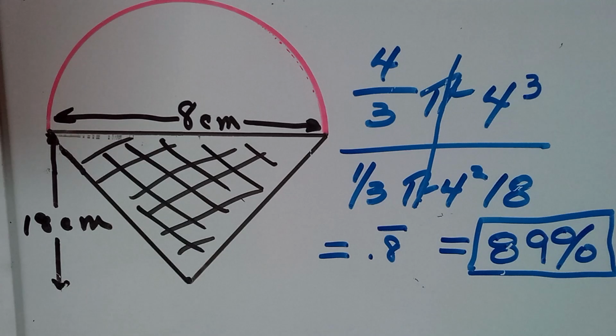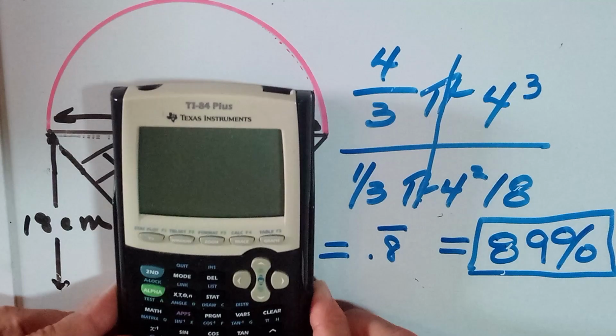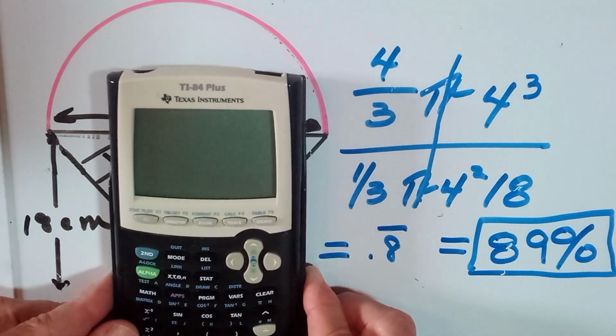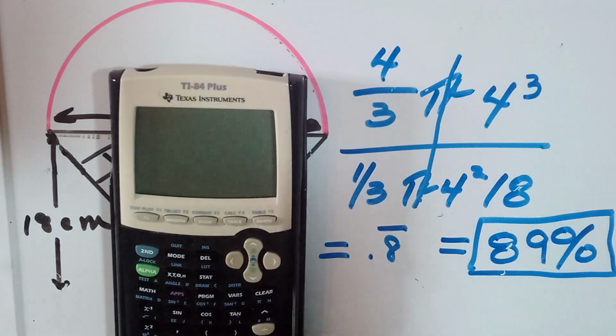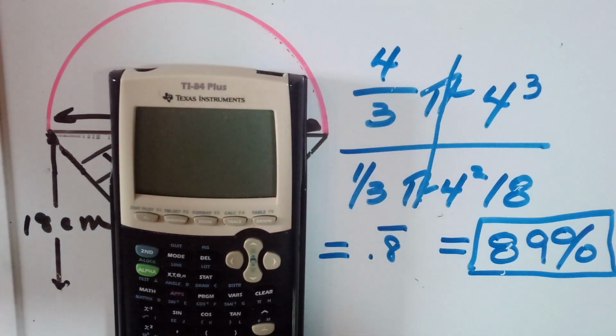You're not going to be asked in this particular problem to express your answer in terms of pi because it is a percentage. So we can set all this up on our calculator and do it in one step.